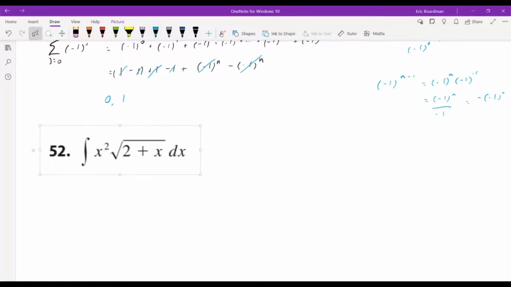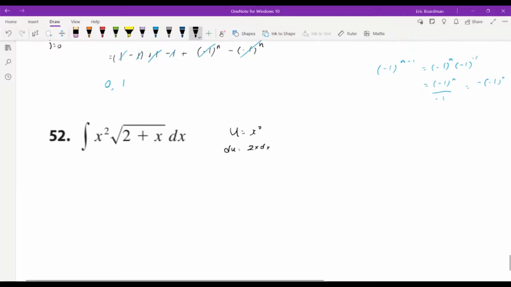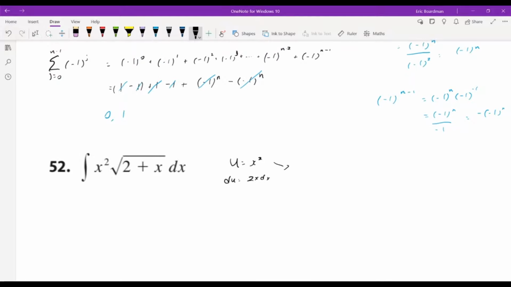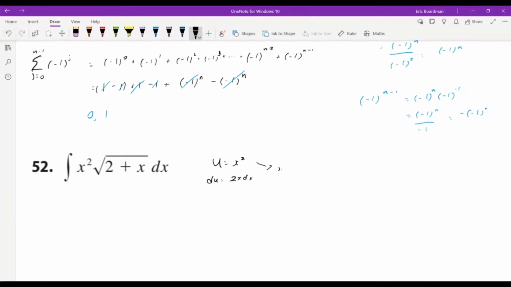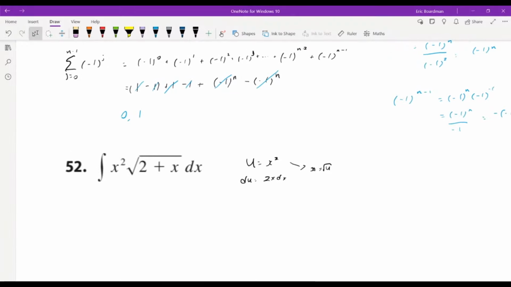If I say that u equals x squared, du equals 2x dx, and we can... this makes this tough actually. I was gonna say we could do x equals square root of u, but that's only when it's positive.